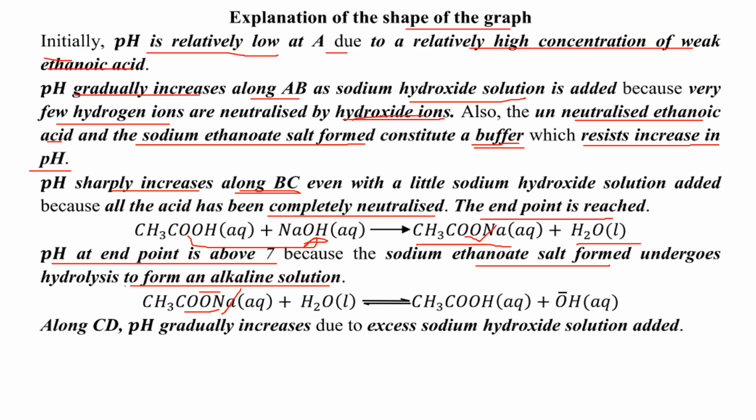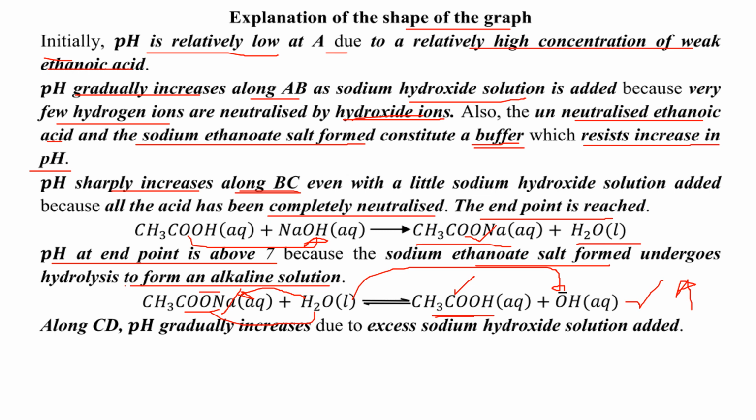So ethanoate ions react with water. Remember that ethanoate ions are conjugate bases, so they accept a proton from water to form unionized ethanoic acid molecules. Remember that ethanoic acid molecules are already present. But here water is going to be forming excess hydroxide ions, which are not present. So the formation of these excess hydroxide ions is what pushes pH above 7.